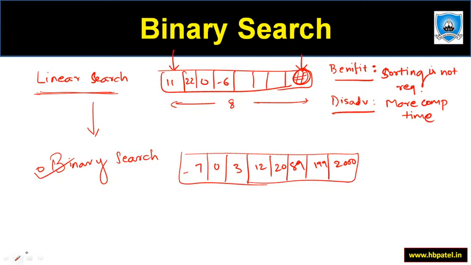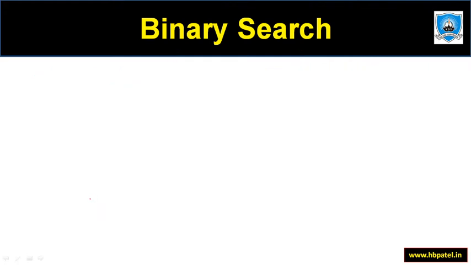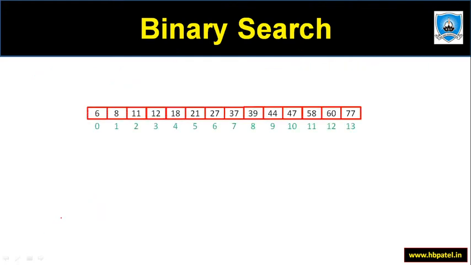Now let us try to understand how it works. Supposing an array is given having, let's say, 14 items, starting from 0 all the way up to 13. So the total size is equal to 14, and the indices are as follows.